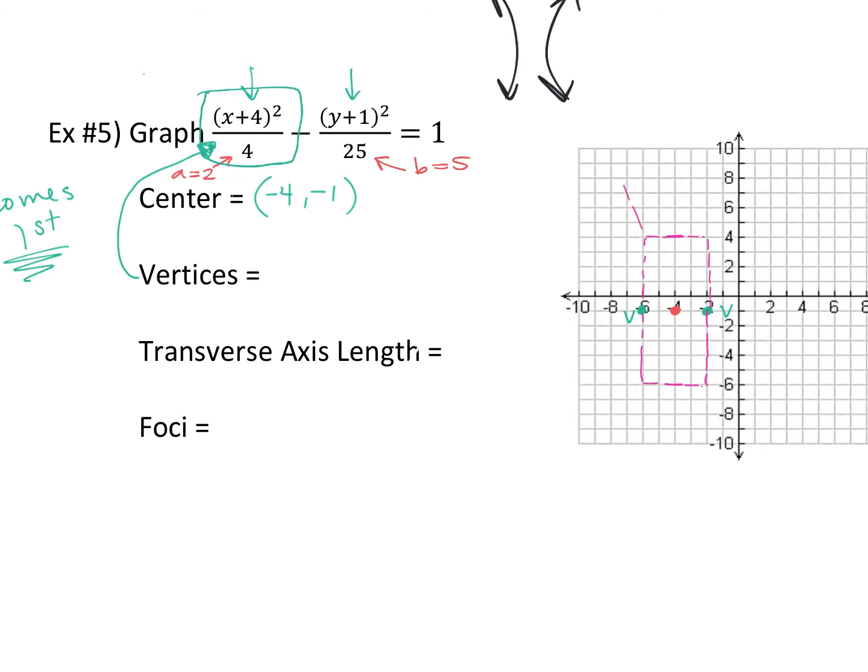Okay, that looks like this. And then remember, we do our asymptotes on the diagonals. And then if you want to just graph it right now, you're just following the lines of your asymptotes like this. Like that.